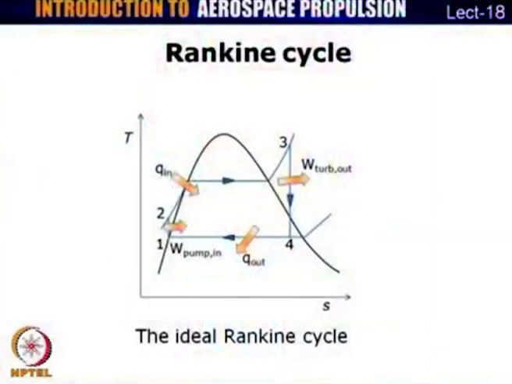So, let us look at a Rankine cycle on one of the coordinates that we have been plotting these cycles with, on a TS diagram, for example. An ideal Rankine cycle on a TS diagram looks like this.